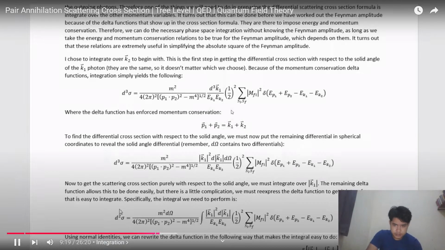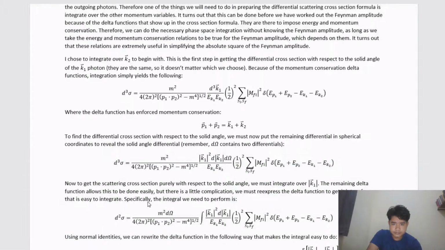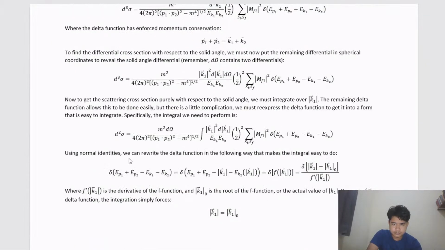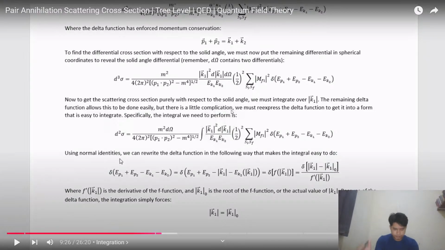Delta function to get it into a form that is easy to integrate over. Specifically, the integral that we need to perform is this one. Okay, we are in that part.